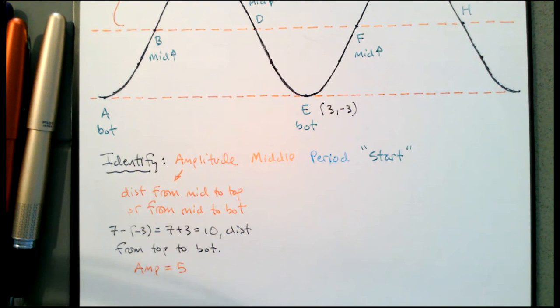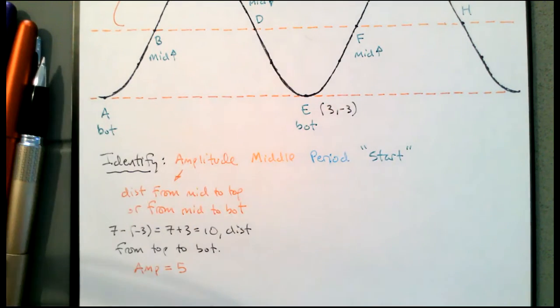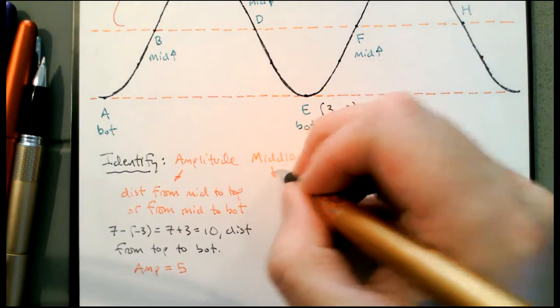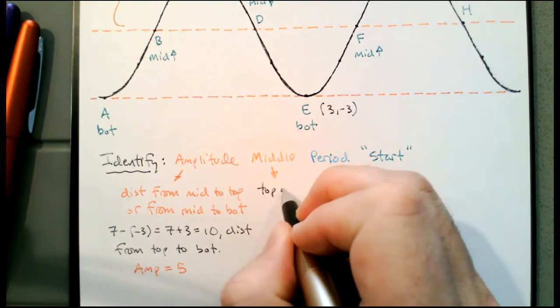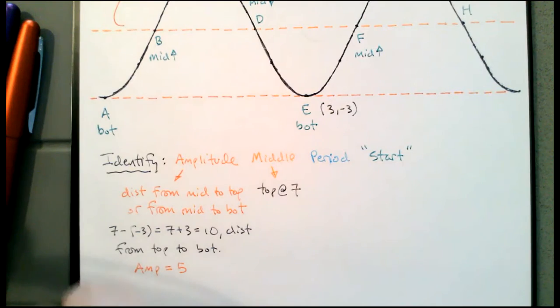Once we have the amplitude, we can go after the middle since we didn't know what it was before. So the middle, we know the distance from the middle to the top is 5. The amplitude is 5, and the top is at 7. So if I just subtract 5 from the top, that'll tell us where the middle is. So to find the middle, the top is at 7, and the amplitude is 5.